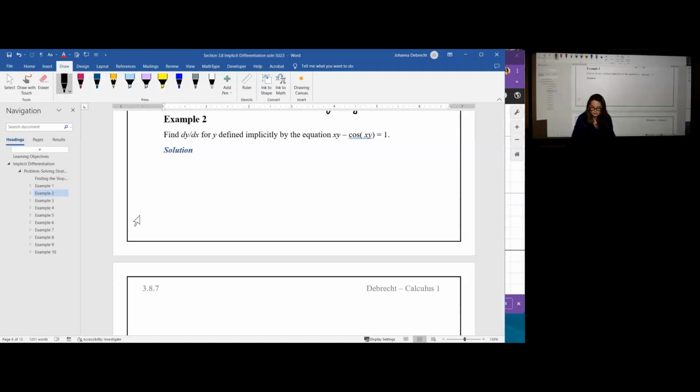Our first step is to take the derivative of both sides with respect to x. This gives me the derivative with respect to x of xy minus cosine of xy equal to the derivative with respect to x of 1, which is going to be 0. The xy's are going to give me the product rule.